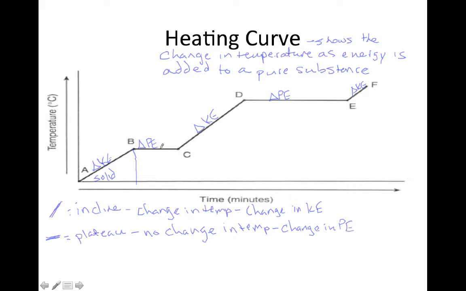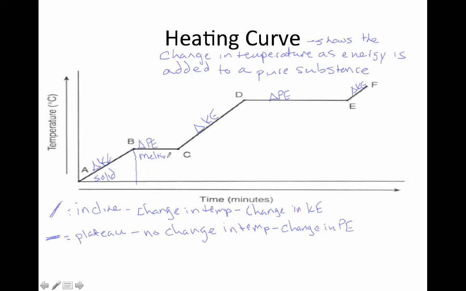And the reason is that the energy, instead of being used to speed up the particles, like it's happening when it's just a solid, is being used to change the potential energy and actually separate the particles more. So from here to here, it's going from a solid to a liquid, and it's actually melting.